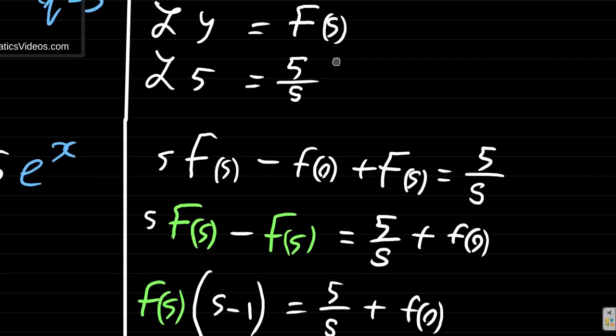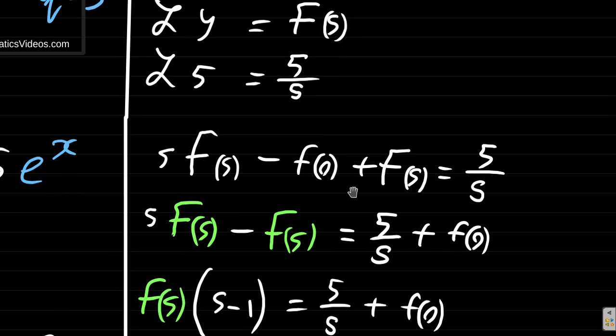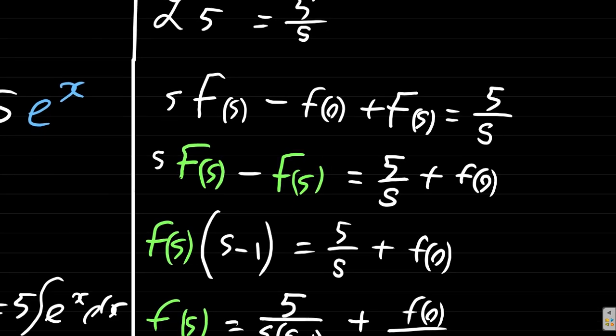So this is what we have. So hold on, let me see something here. This should be plus. It's plus F of s I should have right here. We added f of 0 to both sides, so it's plus here. So we have F of s plus F of s, right? So this should have been plus. My mistake there.